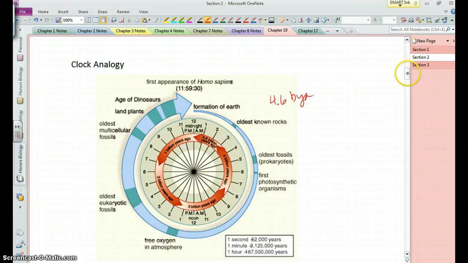It's extremely hot, begins to cool down, and then you get the formation of the first solid material, the first rocks. And then we start to see, somewhere around, more or less 3.8 billion years ago, the first evidence of fossils, simple cell structure, simple prokaryotes.